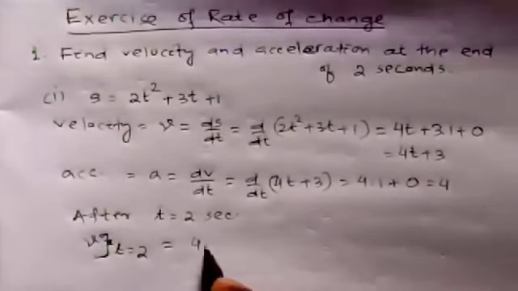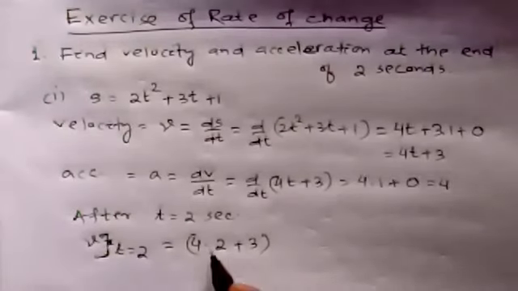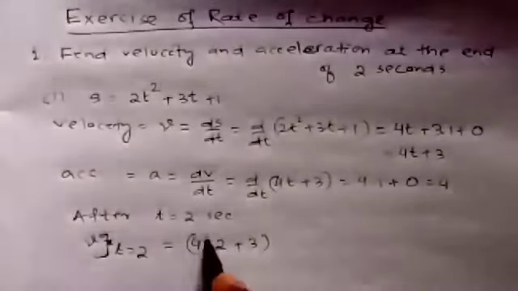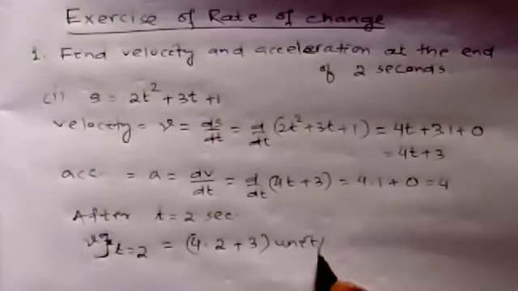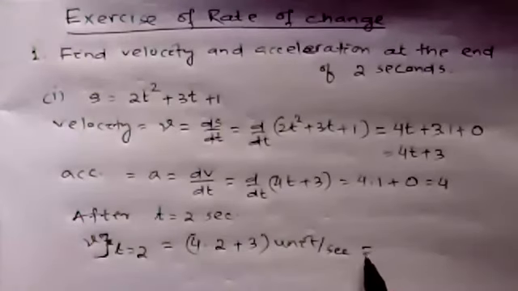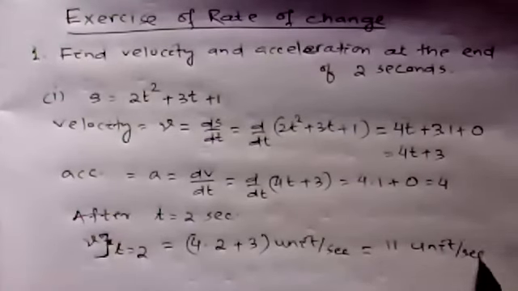That means 4 into 2 plus 3, and here the unit of time is 2 seconds. This is unit per second, because the unit of displacement is not given, so we take it as unit. That means this is 4 into 2 is 8 plus 3 is 11. This is 11 units per second.